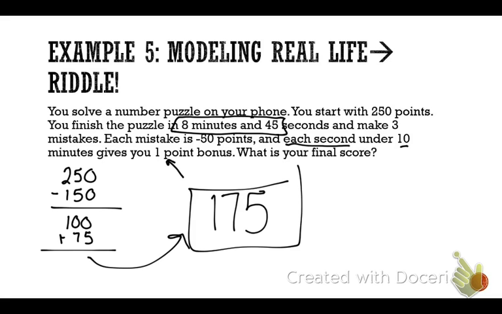Your time was 75 seconds under the time limit. Okay? All right, it was meant to be a challenge question. Oh, no. Each second under 10 minutes. So you finished 75 seconds early. All right, good job, guys. Okay, that's everything for your multiplying lesson.